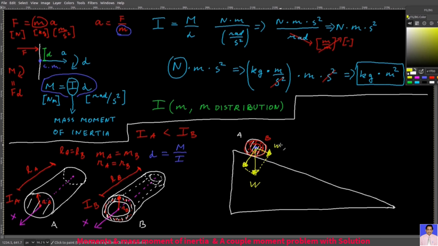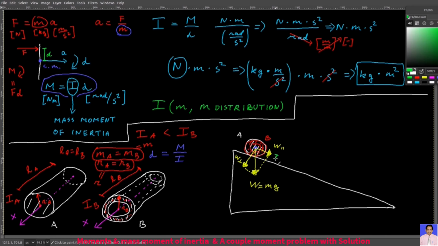So let this one be W parallel and this one W perpendicular. Let's say that M_A equals M_B equals M, because they're the same anyway. So W equals M times g. And since R_A equals R_B, we can just say that it's R, the radius of both cylinders.